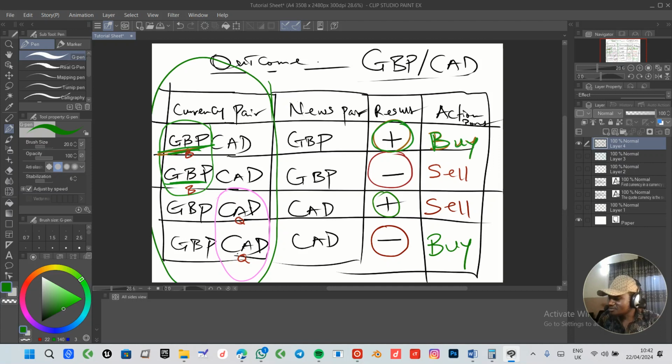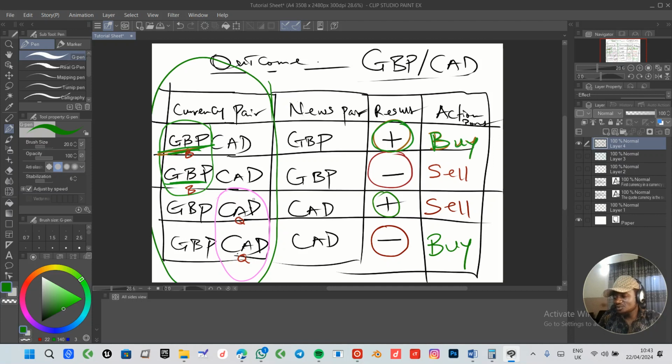So when the base currency, which is GBP, is strong, of course you want to buy more of the base currency, so that's why you need to buy. When the base currency is weak, it's supposed to be the symbol of strength, because it's the first currency and it's the basic currency. But when it's weak, are you supposed to buy it? No. You will sell. You have to sell the base currency, because it's weak.